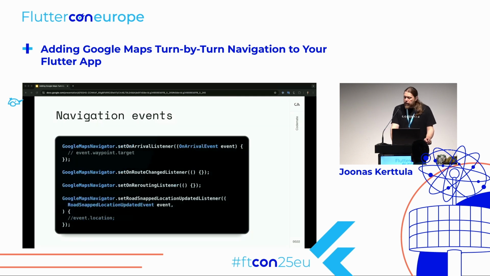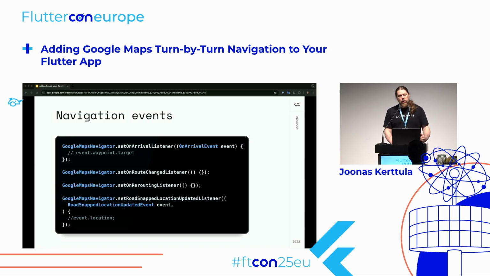So next, about navigation events. These are really important. You should always listen for when you have arrived, so that you can do some actions in the application. A normal action on arrival is to stop the guidance, and you get the on arrival event each time you are at a waypoint.